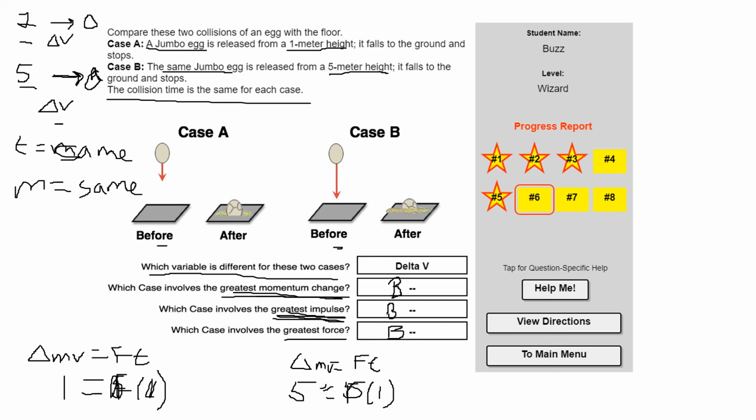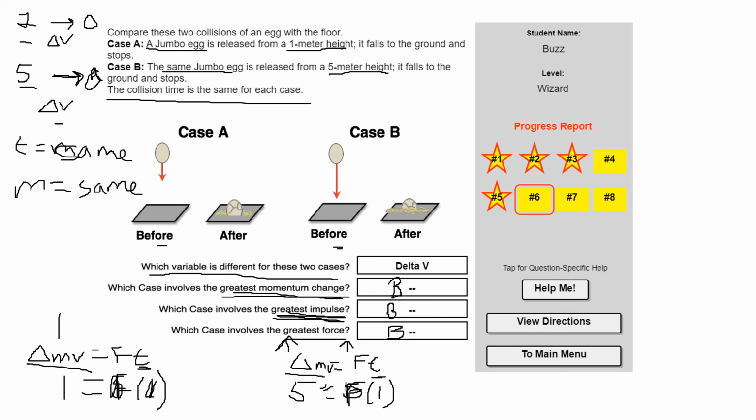I'm sorry you guys, my fault. So if you want to think about it in a mathematical way, because the momenta are different and the times are the same, if momentum and force are directly proportional, then if you have more momentum, you're going to have more force if the time is the same.